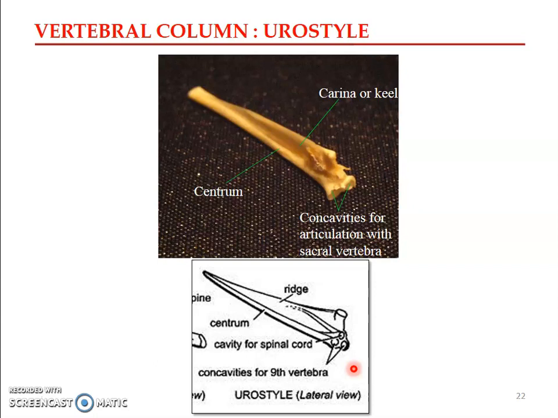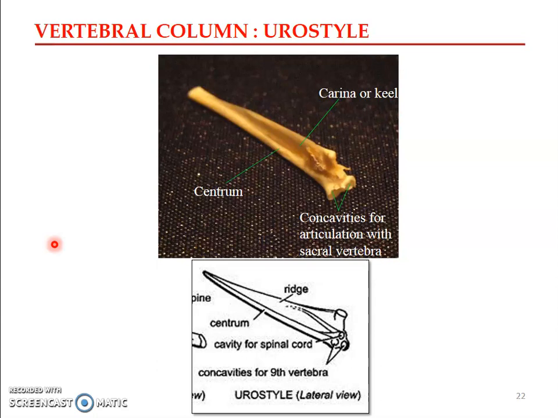So these are the vertebrae of the vertebral column of the frog. We saw the typical structure of a vertebra. Then we saw the different types of vertebrae: amphicoelous, procoelous, biconvex, opisthocoelous, and heterocoelous in birds. And we also saw that in the frog, the vertebral column is composed of nine vertebrae and a urostyle.